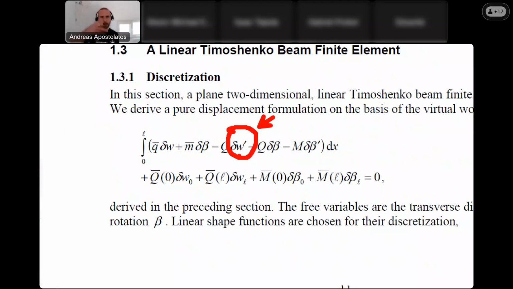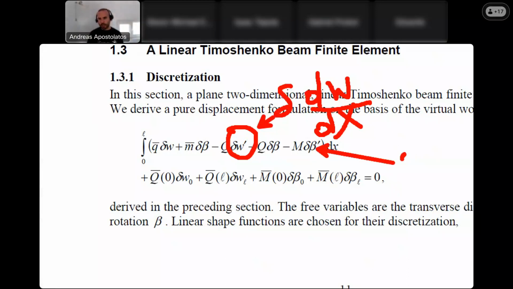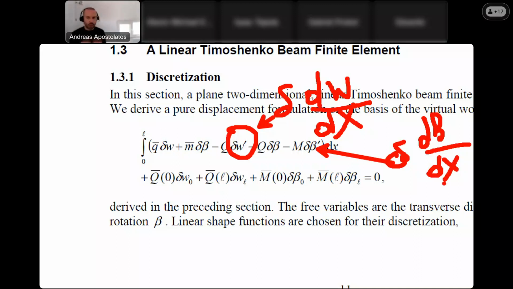This apostrophe in the script means a derivative with respect to the physical space. So that's nothing else but the variation of the derivative of W with respect to X, and the same thing holds for the betas. So our variational formulation contains derivatives with respect to the physical space. Thus, we need to compute derivatives with respect to physical space.